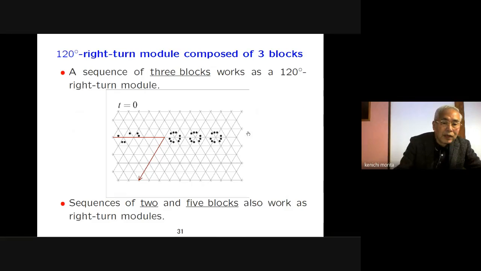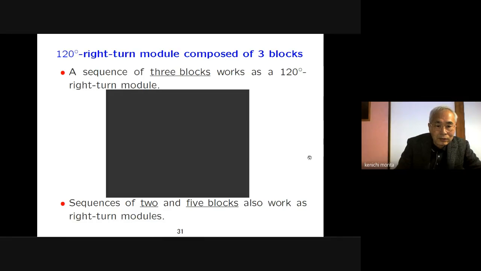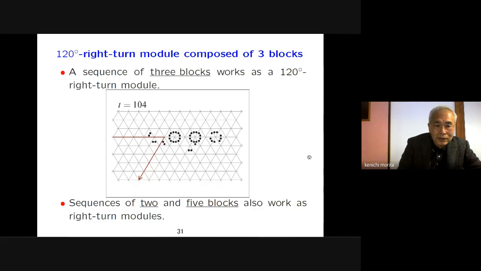Next, a sequence of 3 blocks works as a 120-degree right turn module, like this. First, they are split into 2 parts, but again, a glider is reconstructed.